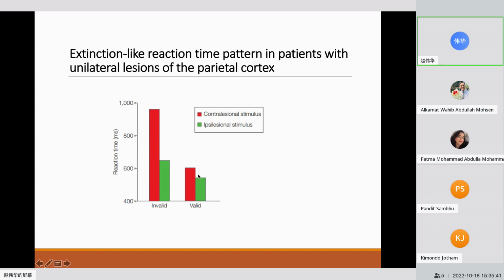From this figure, we can see there is no difference for the valid trials, but for the invalid trials, there is a slower response to the contralesional stimulus, but not to the ipsilesional stimulus.